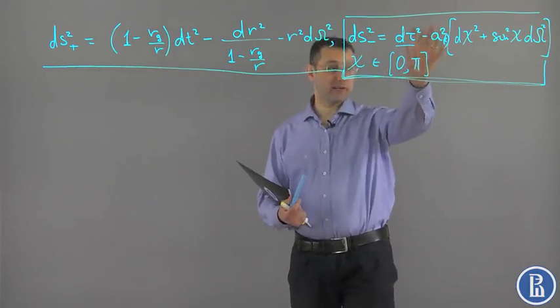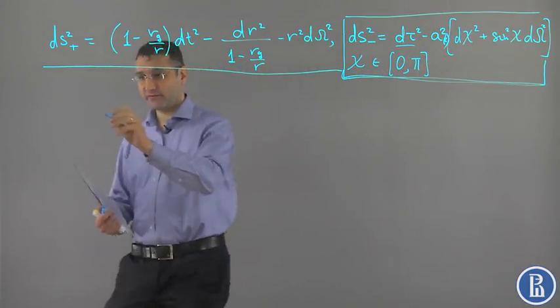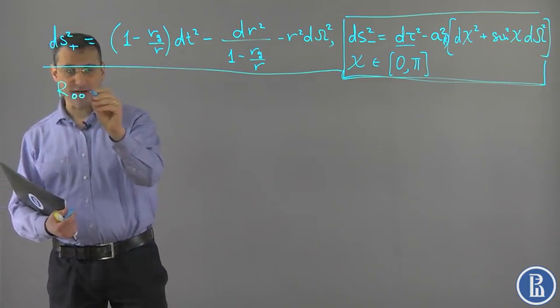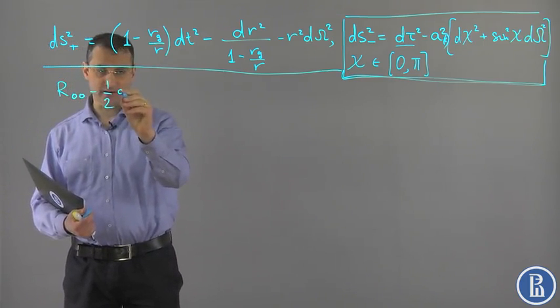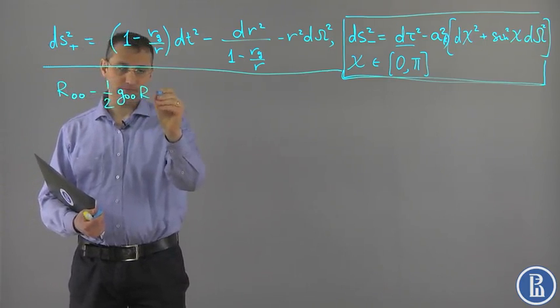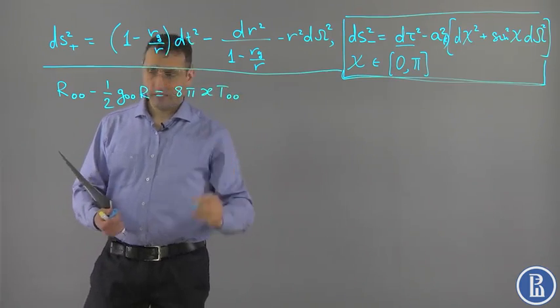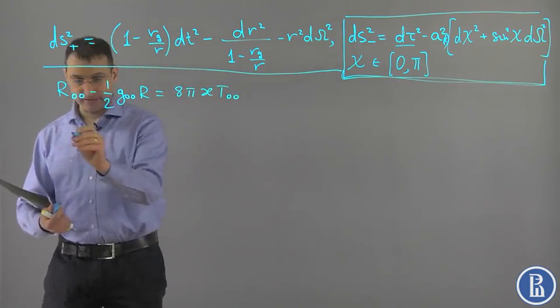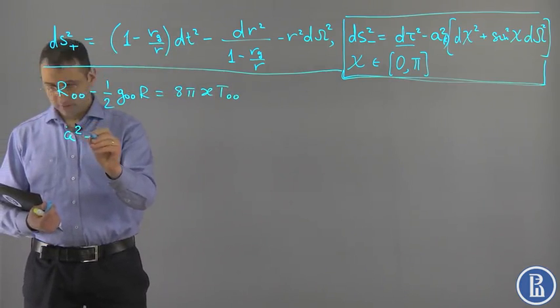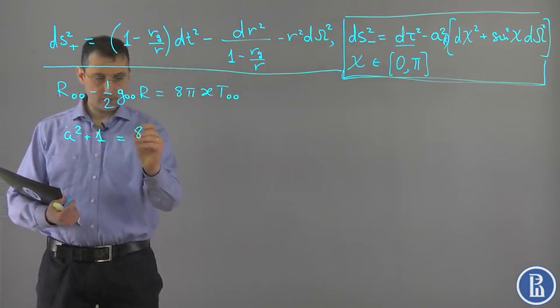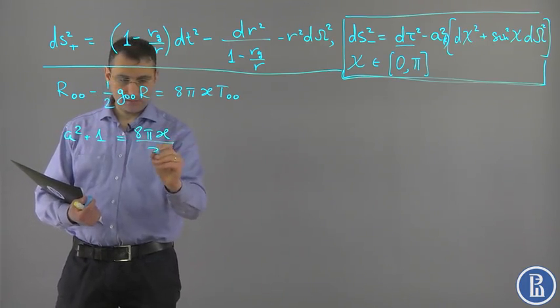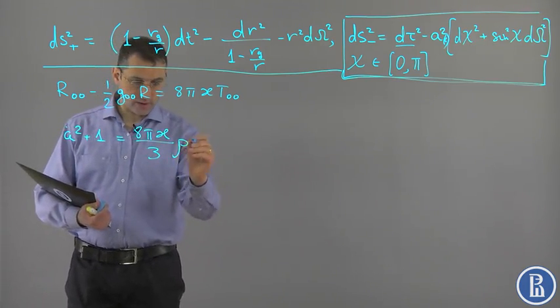So for this metric inside the star, this component of the Einstein equation has the following form as a result: rho a squared.